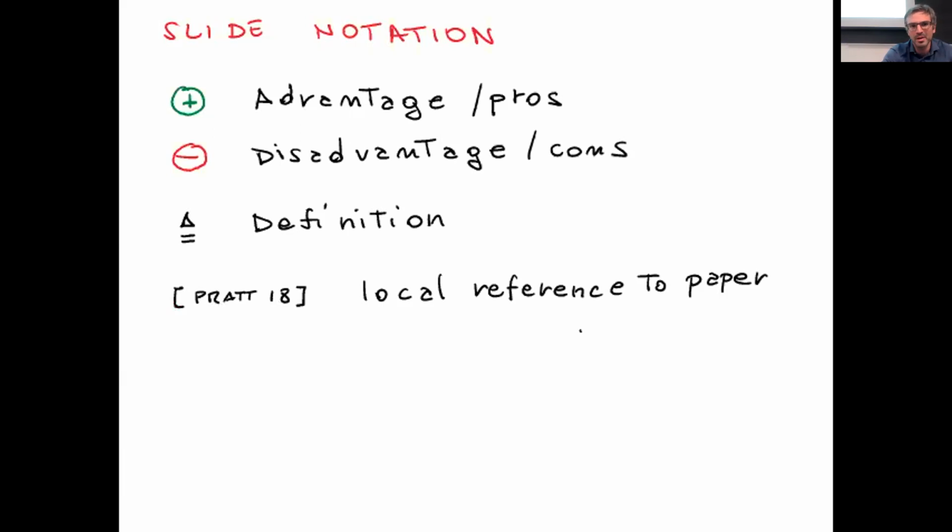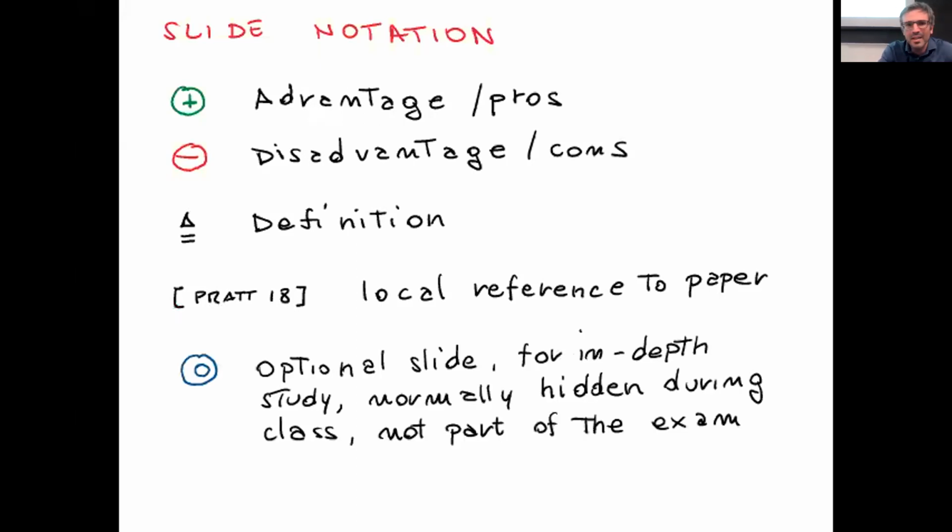When I cite a paper, a scientific publication or a book, I put it between square brackets. And when I put an O, it means that it is an optional slide, just for your in-depth study, but it is not part of the evaluation. It will not be considered in the exam.